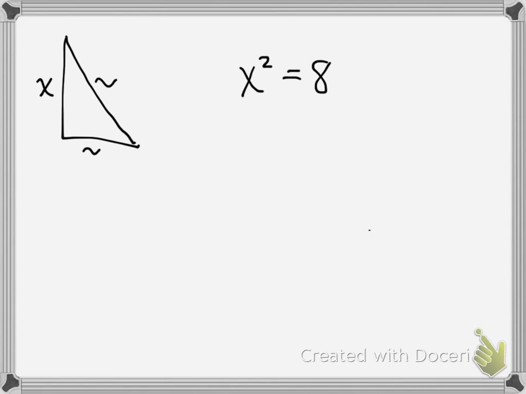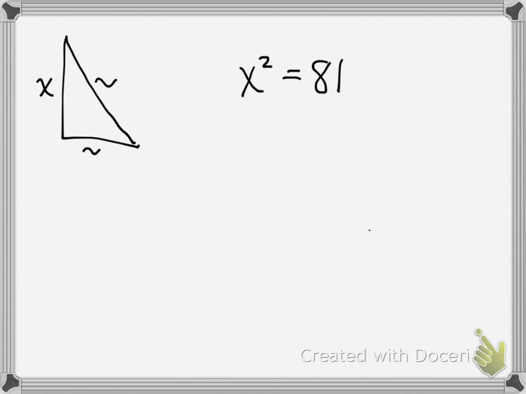Okay, so we have already seen where these types of equations come up. When we were solving for a missing side length on a triangle, for instance, we'd come up with something like x squared equals 81.